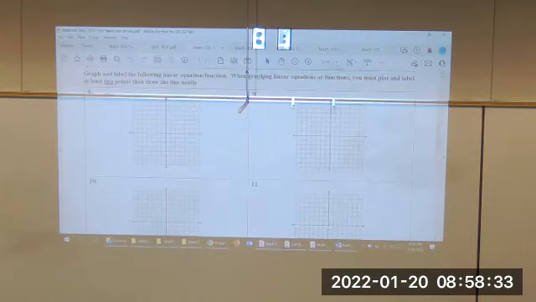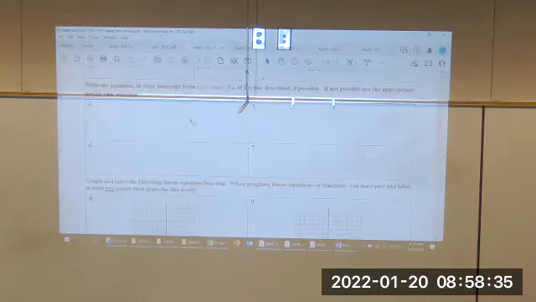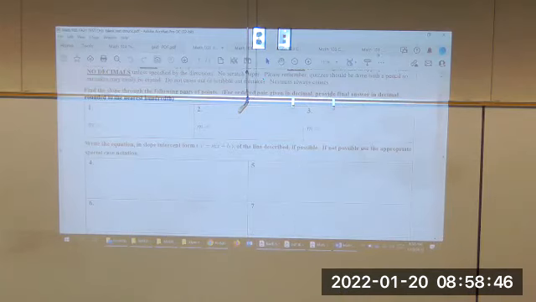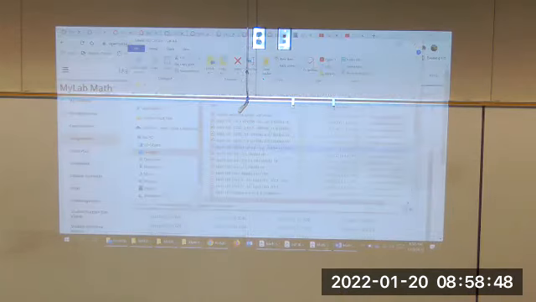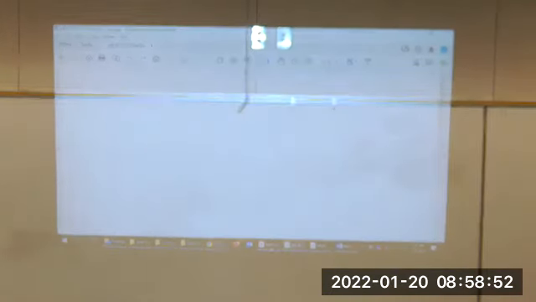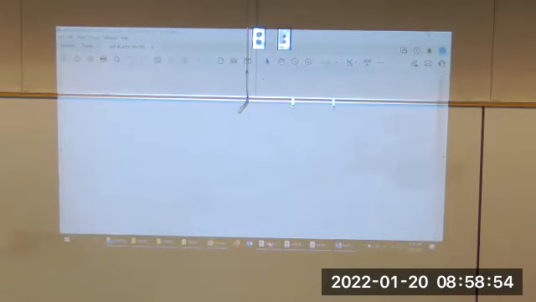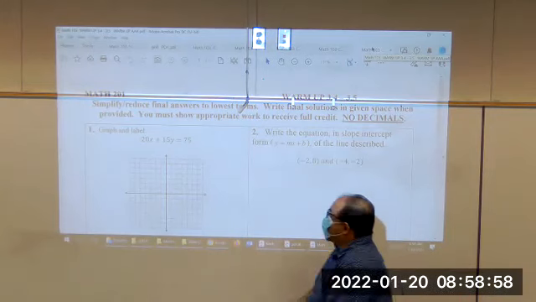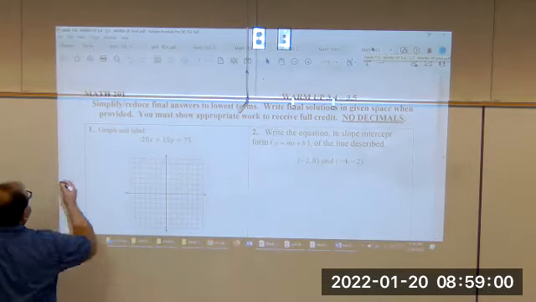So that first set of 4 questions gives you a clue about what you should be using when you do the next set of 4 questions. Okay. So I got 20x plus 15y equals 75.